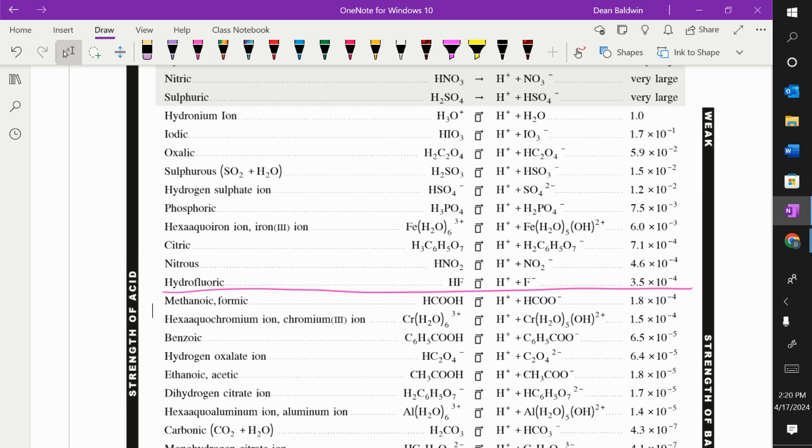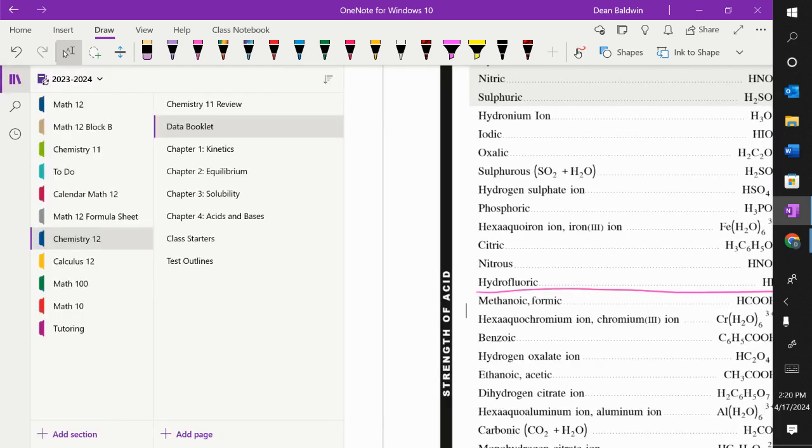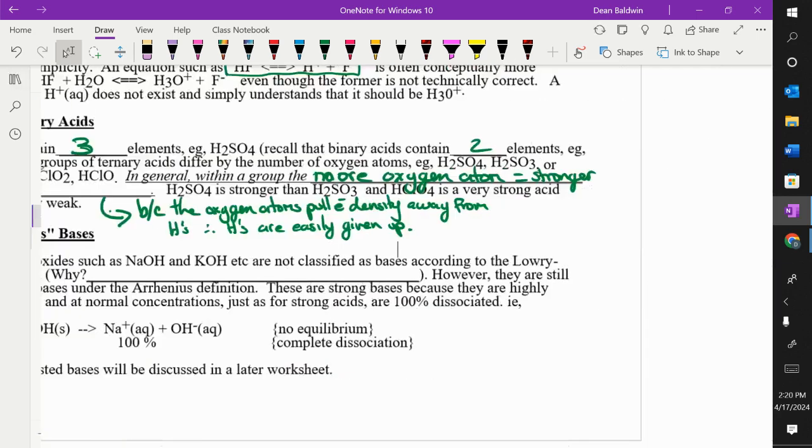So you get a greater pull, so the hydrogens have more of a positive charge. They're not held as tightly, so the hydrogens can come off. Okay? That makes sense? So more oxygen atoms within the group means stronger acids.